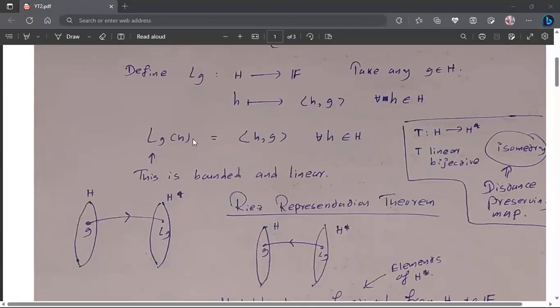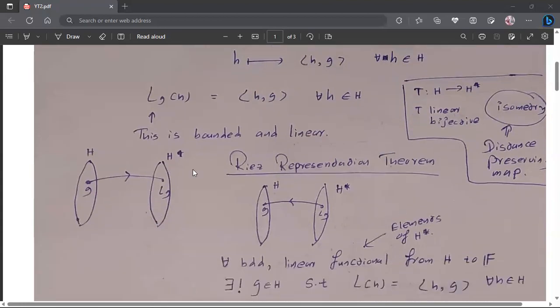Basically, this function says for each g in H, which means each vector in the Hilbert space, we have a bounded linear functional in the dual space of H. The Riesz representation theorem guarantees the converse is true, which means if we pick a bounded linear functional in the dual space, we can find a unique vector in the Hilbert space attached to that bounded linear functional.